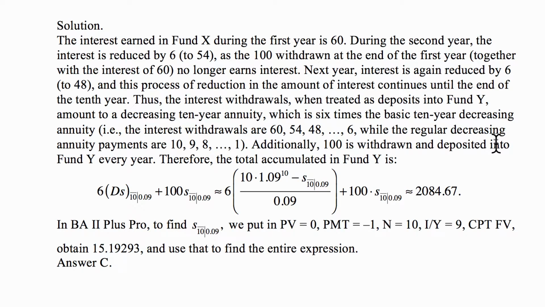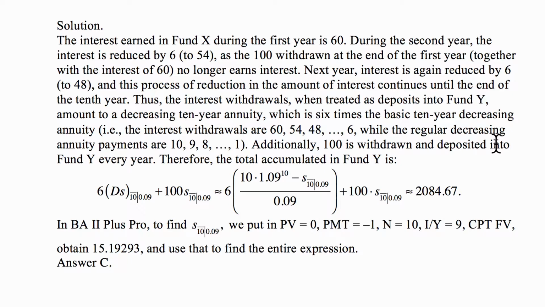So, the fund initially, Fund X, has 1,000. It earns interest at 6%. 6% of 1,000 is 60. So the interest earned in Fund X during the first year is 60.